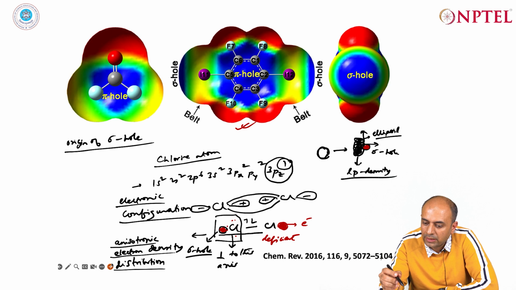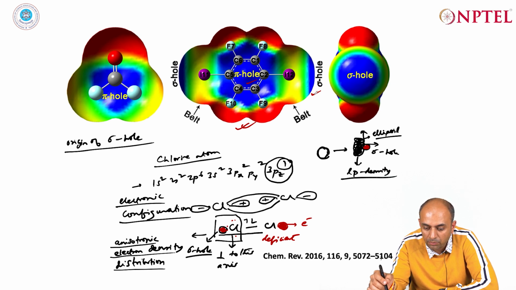And now, as you can see, we can take a case of diiodotetrafluorobenzene, a more complicated case, where we will see the coexistence of both sigma hole as well as pi hole in the same molecule. This molecule has a sigma hole because of the carbon-iodine bond, opposite to the C-I bond is a sigma hole, and perpendicular to the ring you have the pi hole.